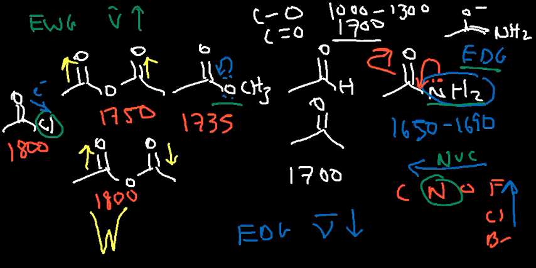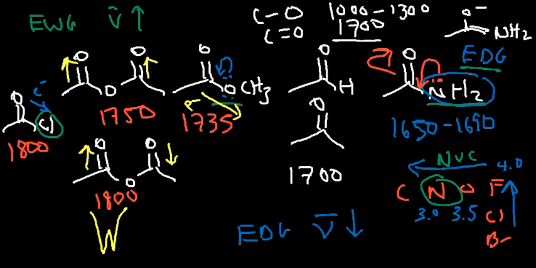Now even though both of these groups can donate electron density by means of the resonance effect, both of them can withdraw electron density inductively by means of electronegativity. You see, oxygen is more electronegative than nitrogen. Fluorine is the most electronegative element. It has a value of 4.0. But because oxygen is more electronegative, it's going to pull electron density more than it donates electron density by means of the resonance effect.